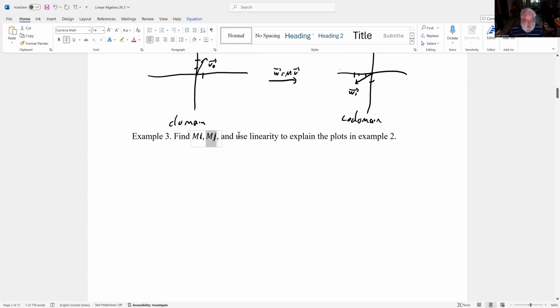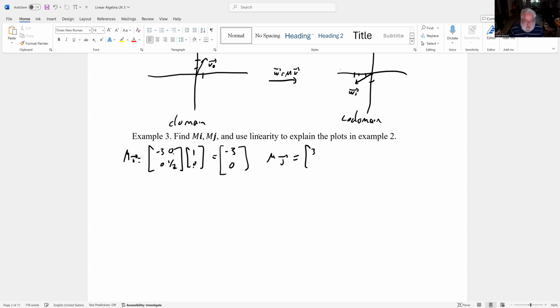So M times i: the matrix -3, 0, 0, 1/2 times i, which is (1, 0). And what's that equal to? -3 times 1 plus 0 times 0, that's -3. 0 times 1 plus 1/2 times 0, that's just 0. And what's Mj?